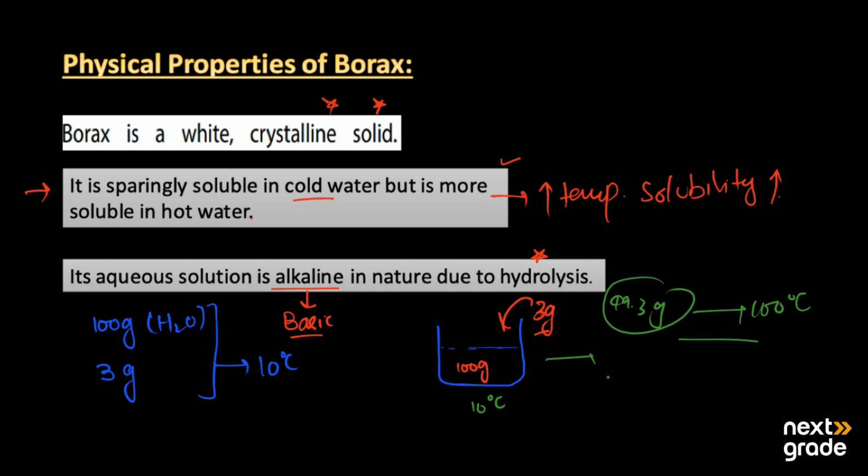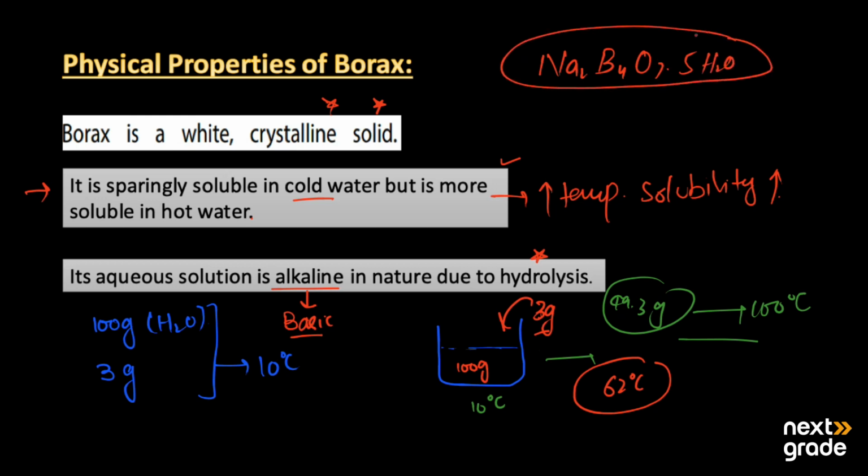Now we allow the saturated solution to crystallize. At a temperature of almost 62 degrees Celsius, octahedral crystals of pentahydrate form. What does pentahydrate mean? We have borax in the form of Na2B4O7 along with 5 water molecules crystallizing out.